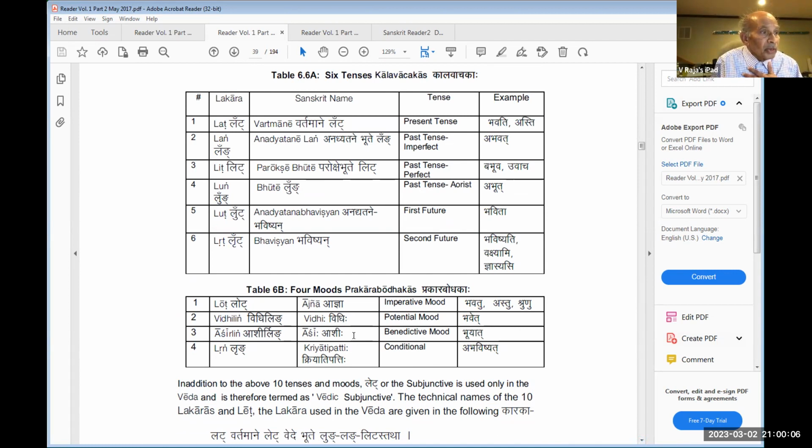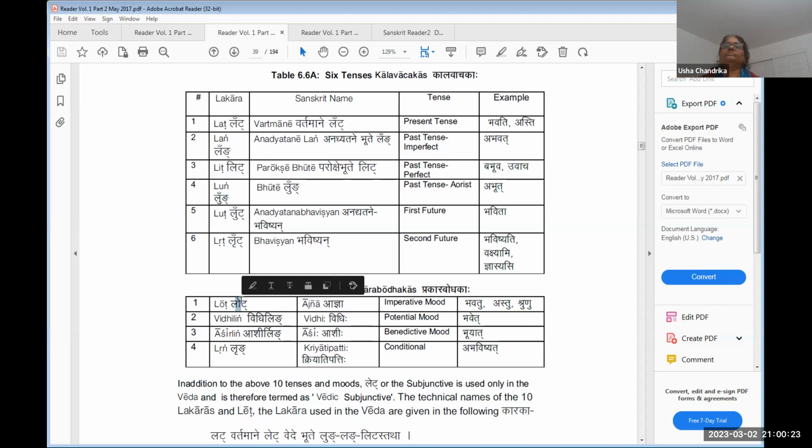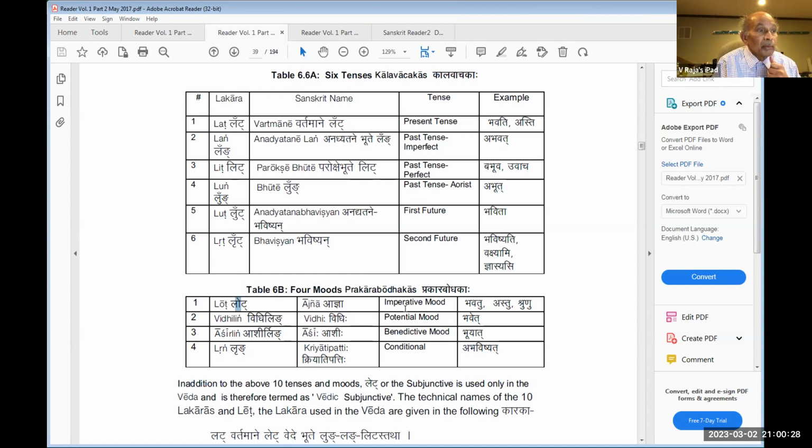So there are what are called moods. If the mood is agnya, that's called lot. Again, it's a lakara. It's imperative, must happen. Somebody says, Shubham astu. Shubham astu. That's a lot.